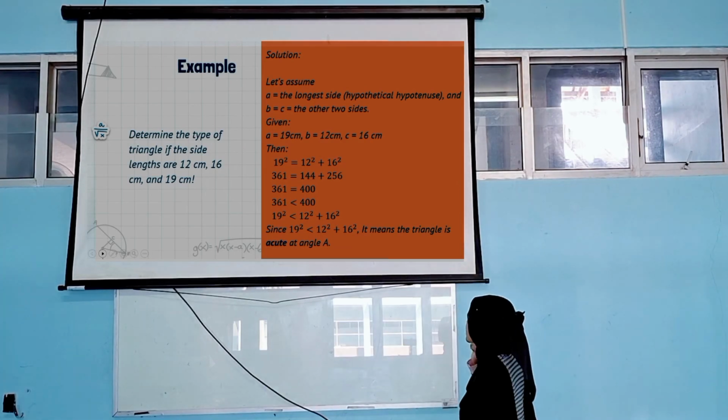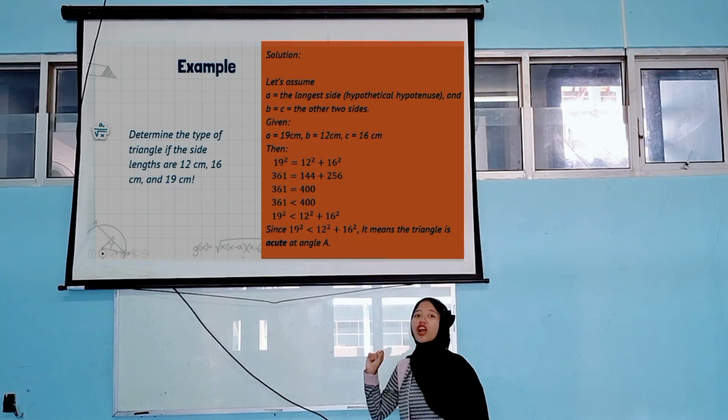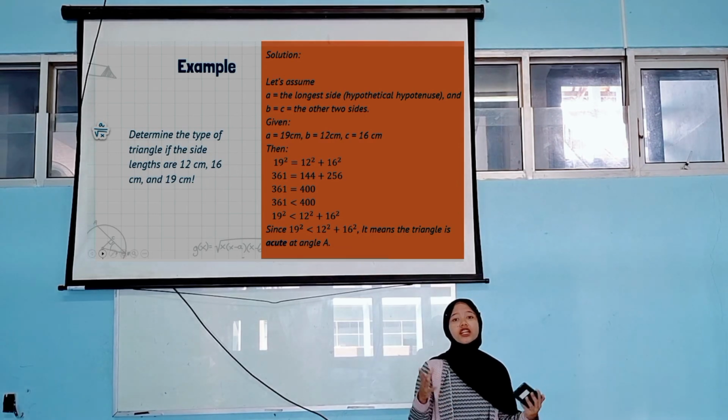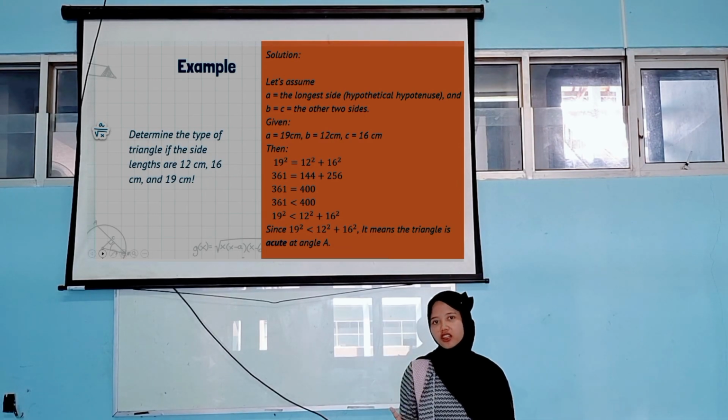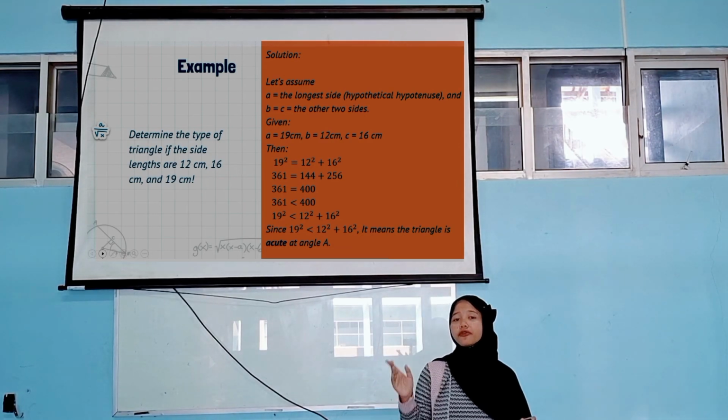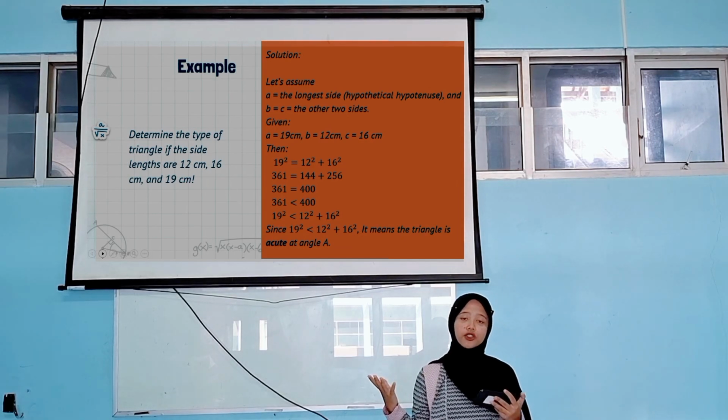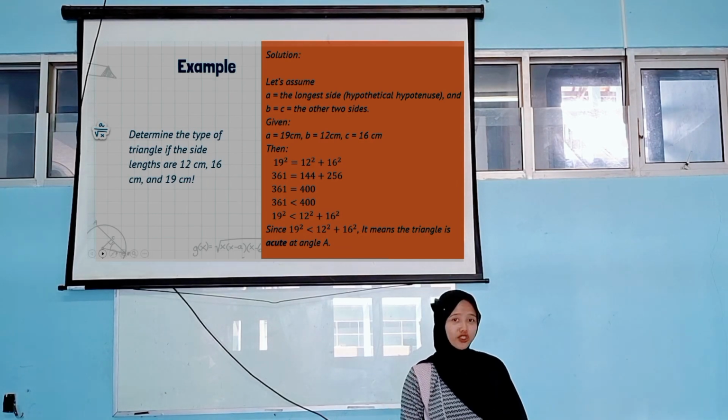Since 361 is less than 400, the triangle is acute, not a right angle. So remember, the Pythagorean theorem helps us figure out the type of triangle too.